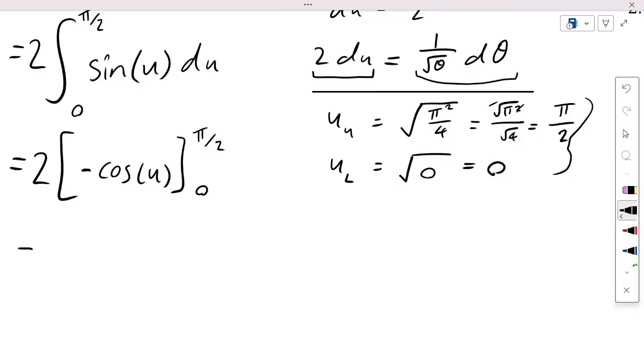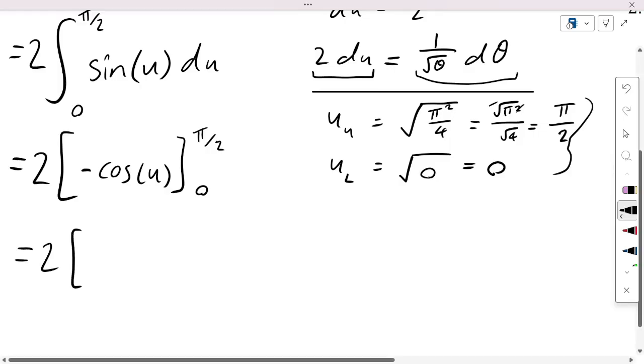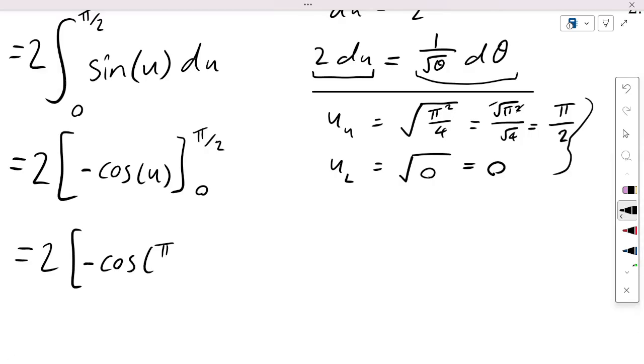Right? And then we're going to have 2 multiplied by, now we're just going to take the upper limit and lower limit in, but we're going to subtract them from each other respectively. Okay, so it's going to be negative cosine of pi over 2 minus negative cosine of 0, like that.